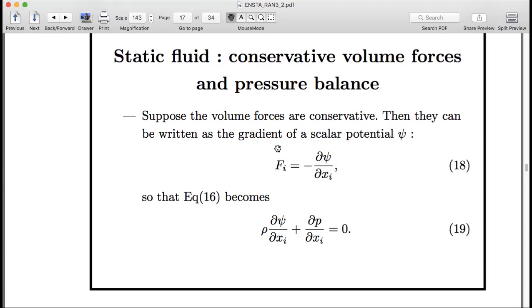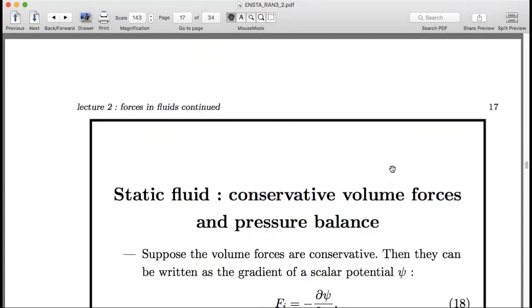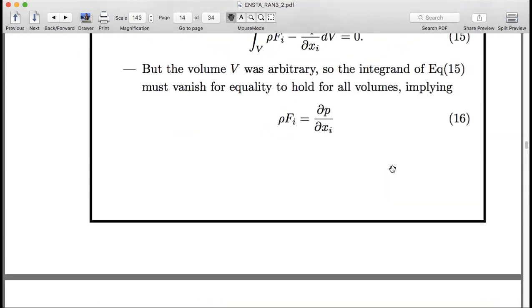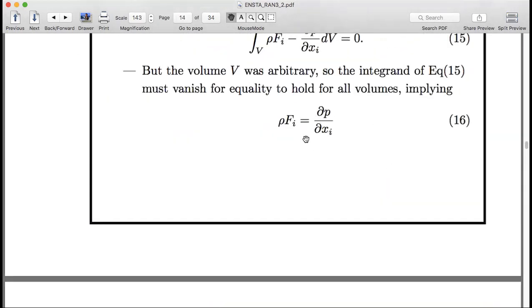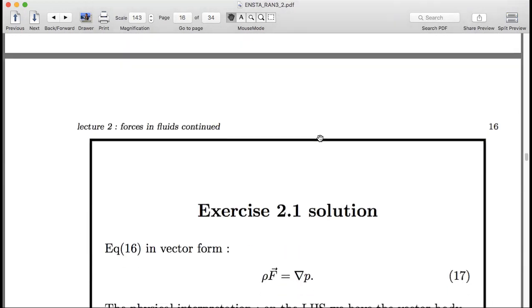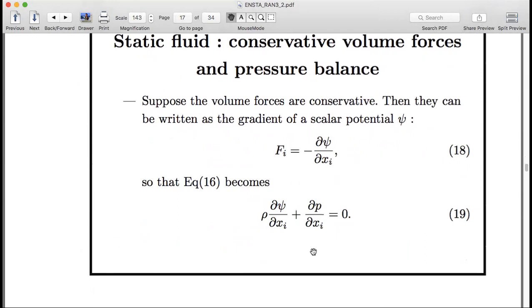Yeah, so gravity is a conservative force that we can write in this way. But again, I guess I'm being general here. If I plug this equation 18 into my tensor notation for this balance that we just derived for a static fluid, the static fluid balance, then we get this equation.